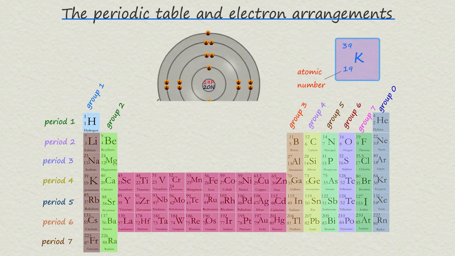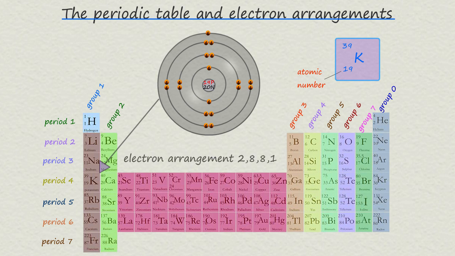As another example, consider the element potassium, which is an alkali metal in group 1 of the periodic table. Now potassium has an atomic number of 19, meaning it will have 19 protons in its nucleus and 19 electrons in the electron shells or energy levels. Having 19 electrons means its electron arrangement will be 2, 8, 8, 1.